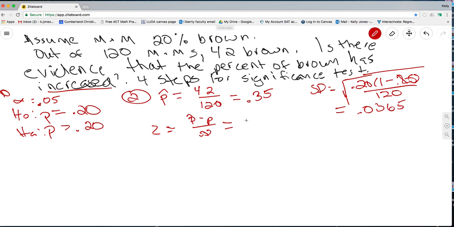So p-hat was 0.35. P was 0.20. And we divide it all by the standard deviation, which is 0.0365. All right, so 0.35 minus 0.20 in parentheses. Then divide the whole thing by 0.0365. And we get 4.1.